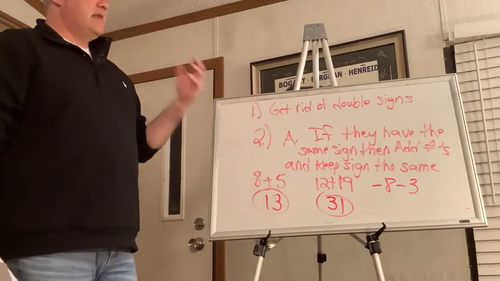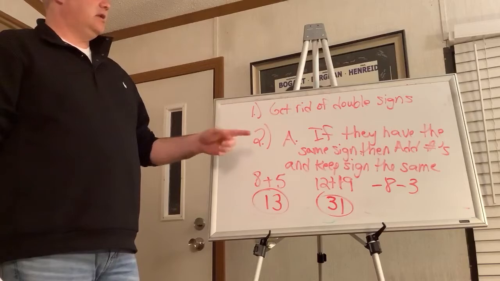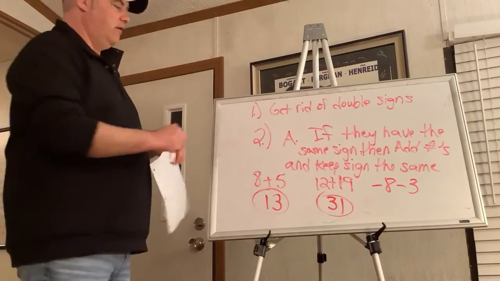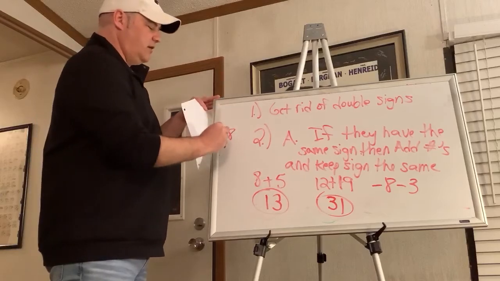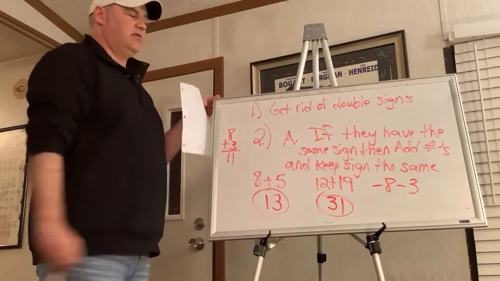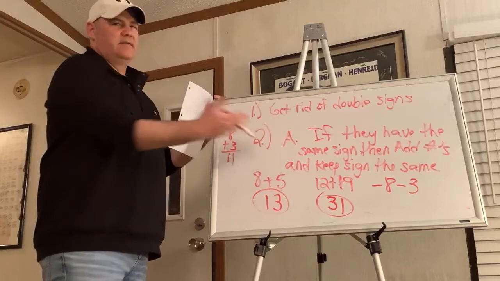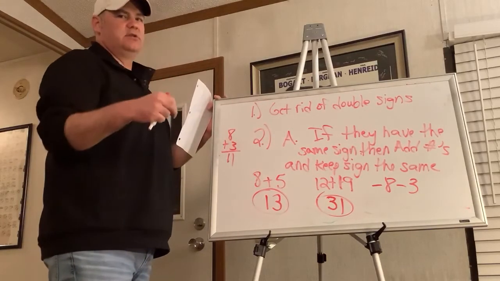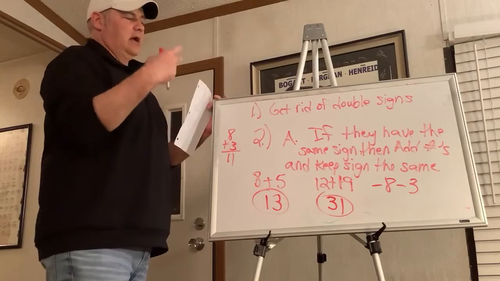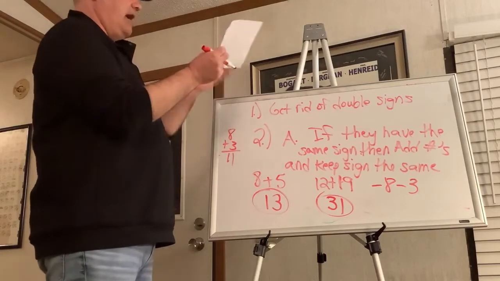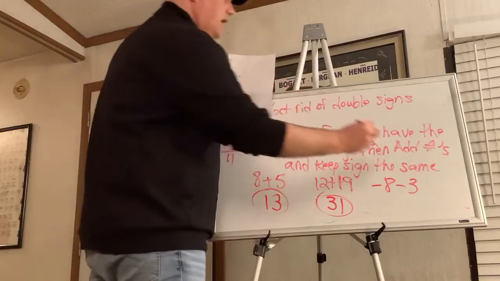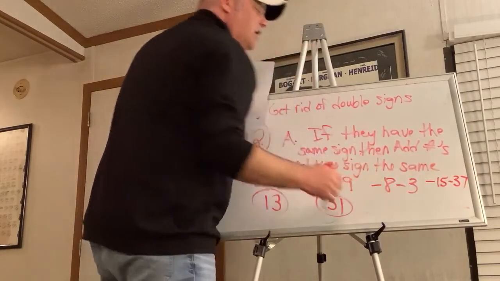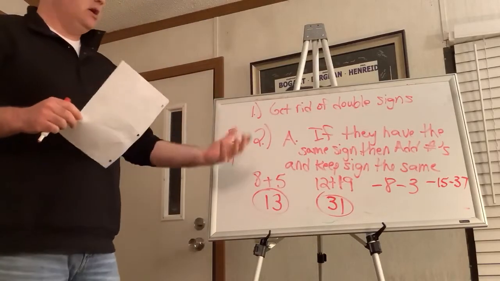Okay? In that case, what you're going to do is add the numbers together, just what this rule says. So you're going to go over here, maybe off to the side if you need to, and add 8 and 3. And you say, why are you adding if it says to subtract? Because we're following this rule. If you try to go through the next one I'm going to have you do, negative 15 minus 37, and try to make sense of it, it's going to be hard.